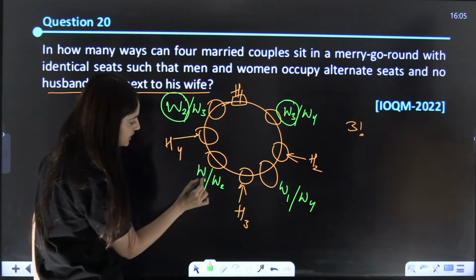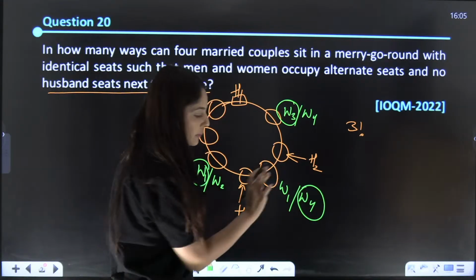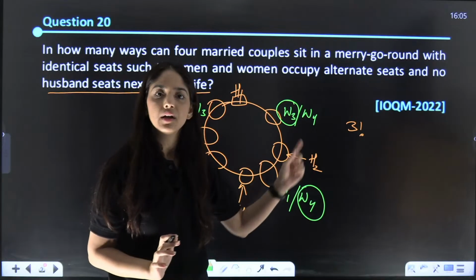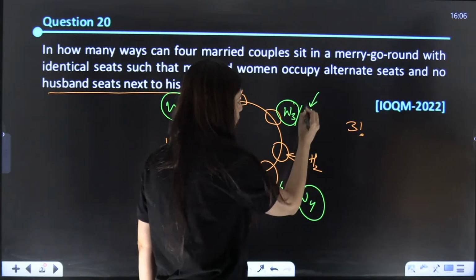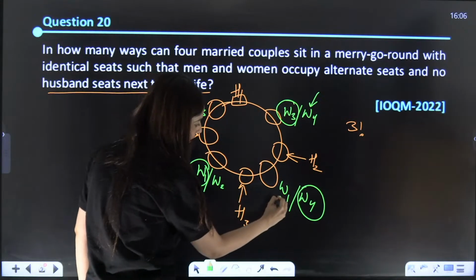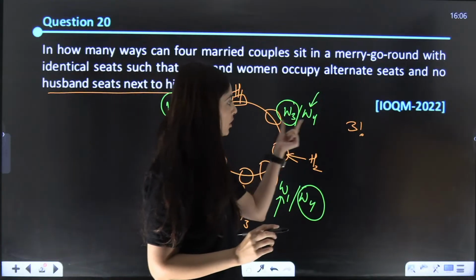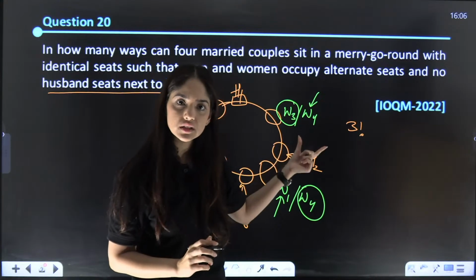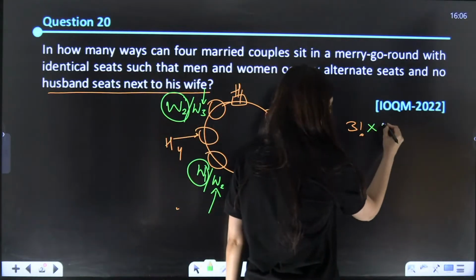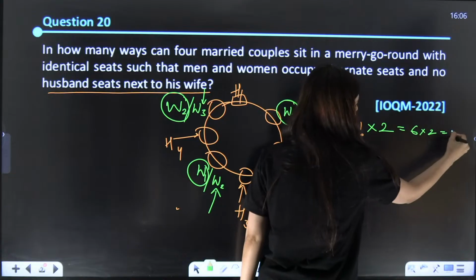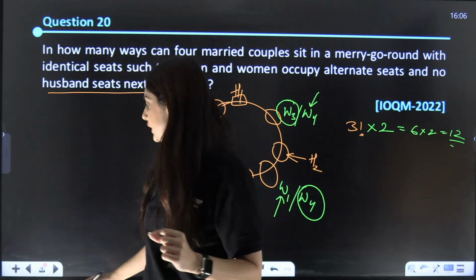W2 has occupied this seat, which means W1 has to occupy this seat, and W1 cannot sit here, so W4 occupies this seat. So as soon as I fix one of them, all of the others are fixed. Similarly, if I fix W4 here, then W1 will have to go here, W2 will have to go here, and W3 will have to go here. So I have 2 possibilities for this, and as soon as I fix the woman to sit here, the others are fixed. So 3 factorial into 2, which is 6 into 2, 12. Alright. So this is how you're supposed to arrange these in a circular arrangement.